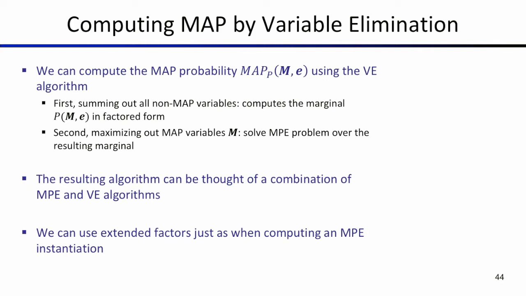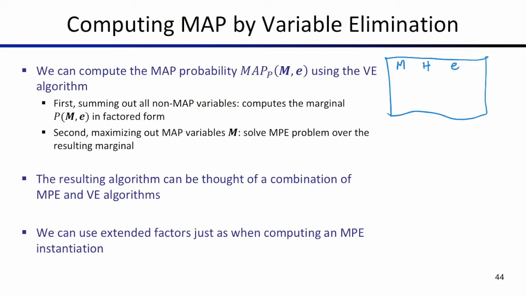We can think of this process as the following. Let's think about the joint distribution. This joint distribution mentions the variables that are part of the MAP variables. There are some other variables, the hidden or unobserved variables that I don't care about and want to eliminate, and there are the evidence variables.